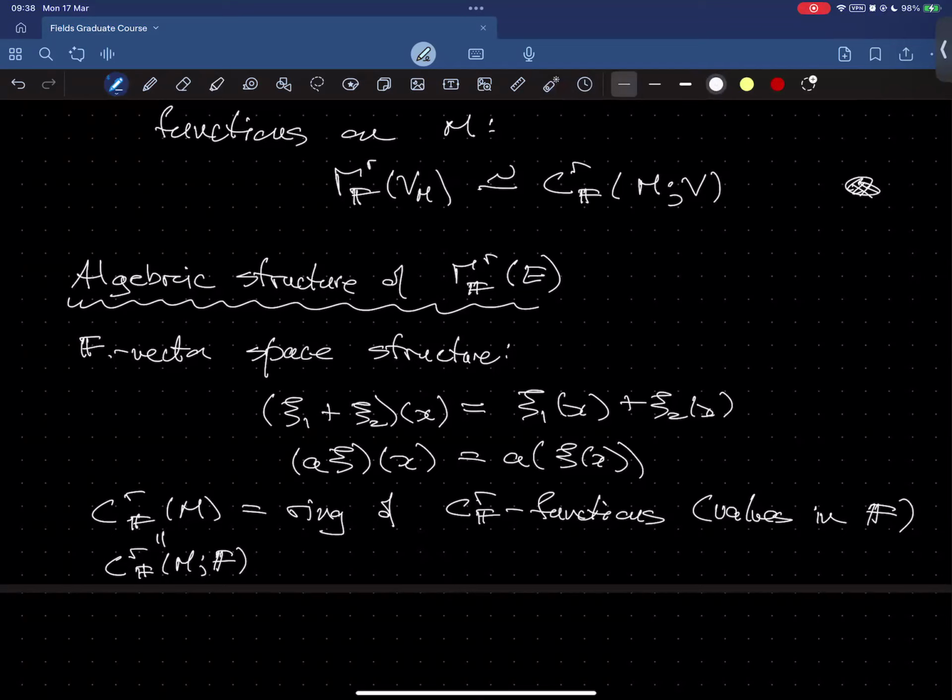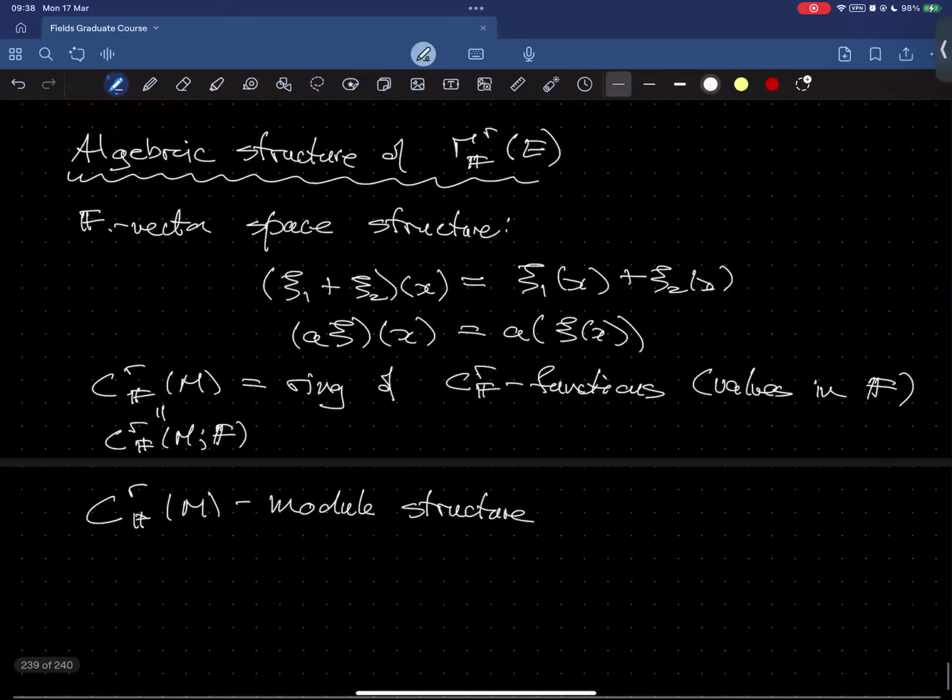All right. So that's a ring, and so this space then becomes a module over this ring. So there's a C^r, F, M module structure. That means I need to be able to do addition, and the addition is done in exactly the same way here.